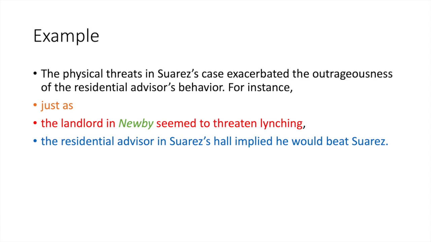And then in blue, we have the facts from the writer's case. The residential advisor in Suarez's hall implied he would beat Suarez. So there you have it. All the ingredients of a potentially successful comparison here in just a few lines.